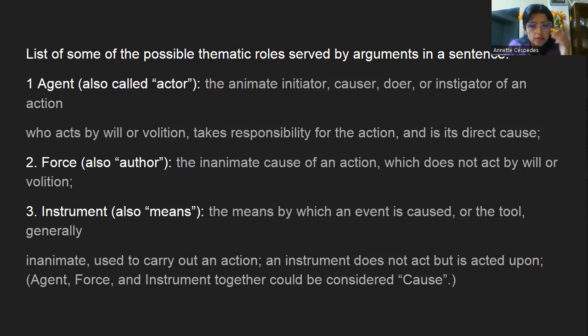So there is a huge difference between agent and force. The instrument is also called means. The means by which an event is caused, or the tool, generally inanimate, used to carry out an action. An instrument doesn't act, but acts happen through it. Agent, force, and instrument together could be considered cause.